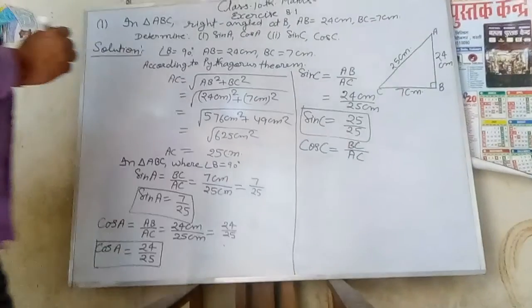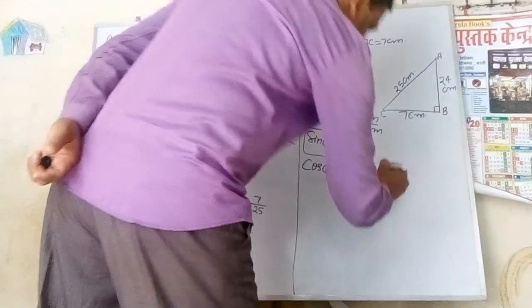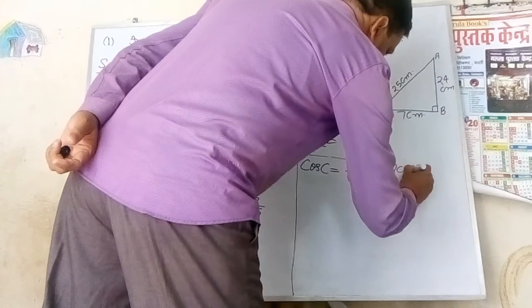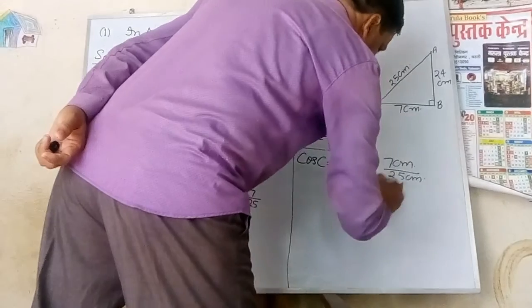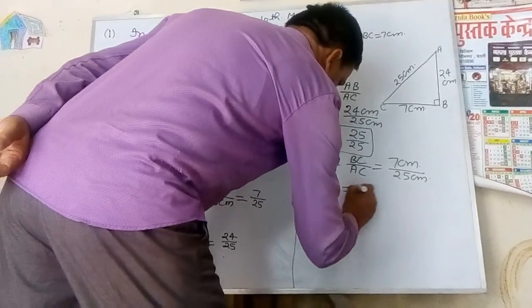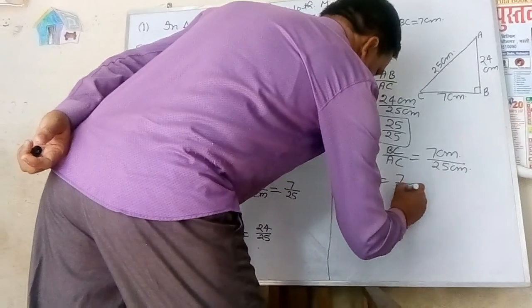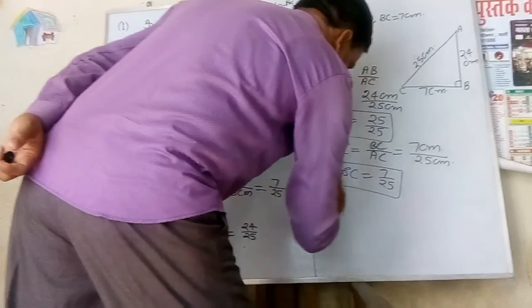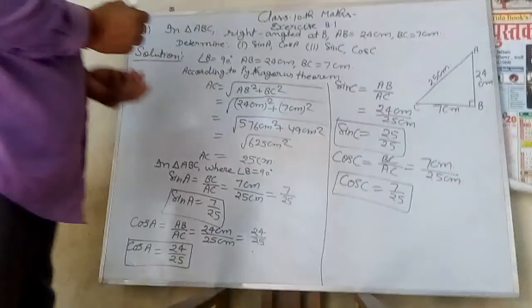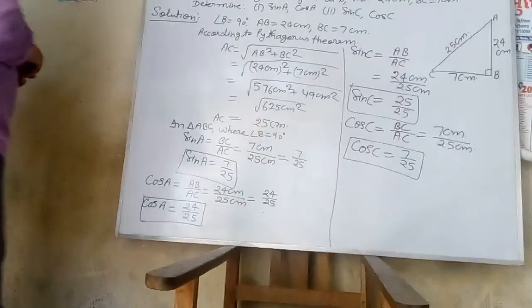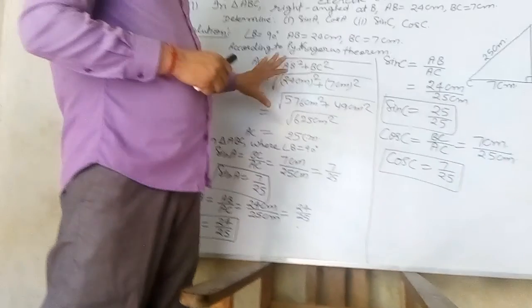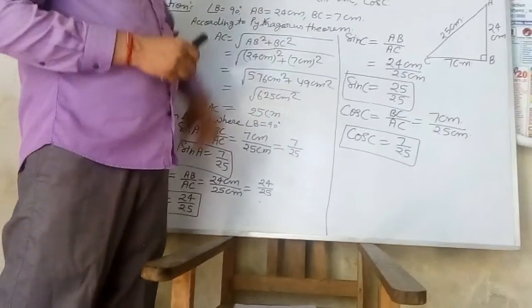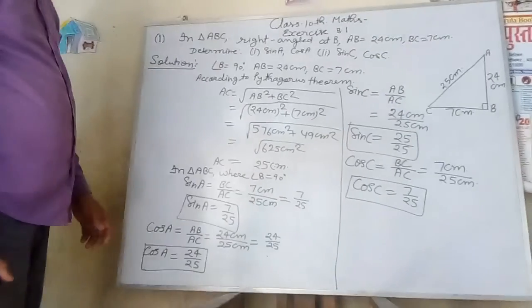Put the value of BC 7 centimeter upon 25 centimeter. So cos of angle C equal to 7 by 25. It is the solution of first question of exercise 8.1.